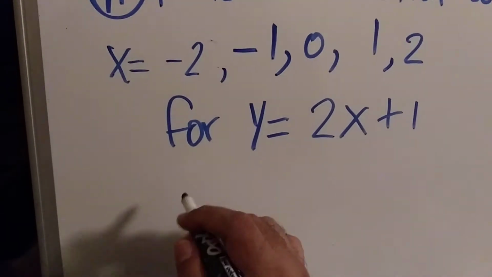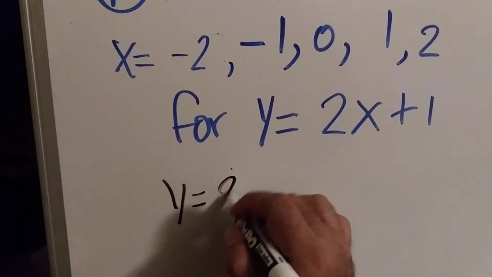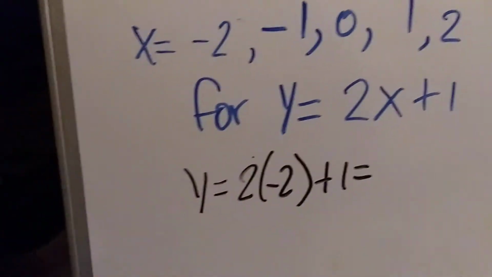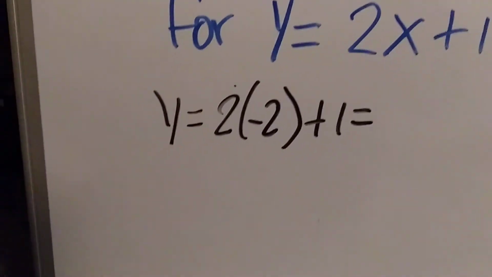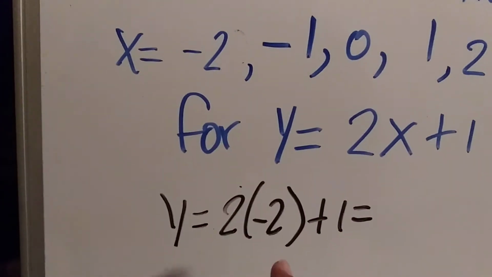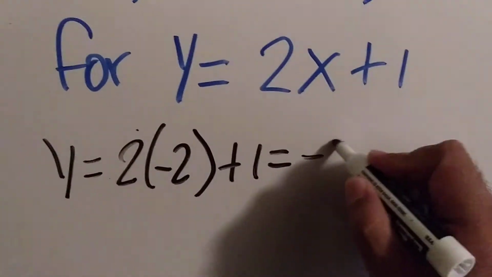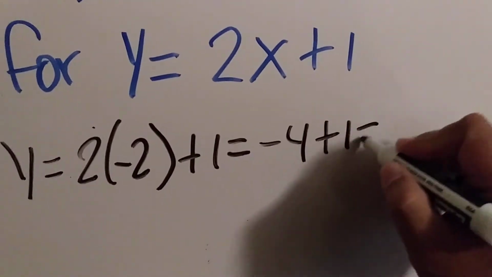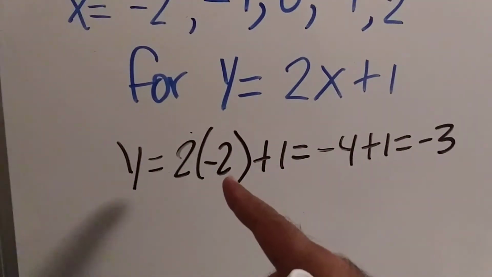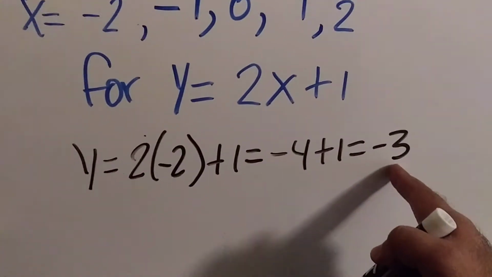So I'll put y equals 2, and then in parentheses the value that we're assigning for this particular example as -2. So we have 2 times -2 gives you -4, plus 1 will give you -3. So for the value of -2 as x, the y corresponds to -3.